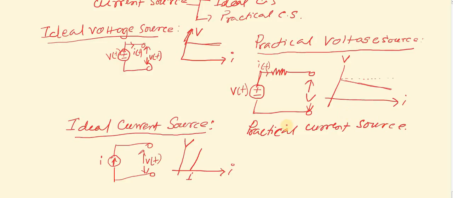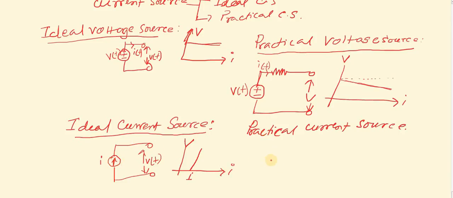In a practical current source, the current decreases as the voltage across it increases. Whenever this voltage increases, this current also decreases. Likewise, like the practical voltage source, in a practical current source we can represent the circuit by putting a resistance in parallel with the current source.